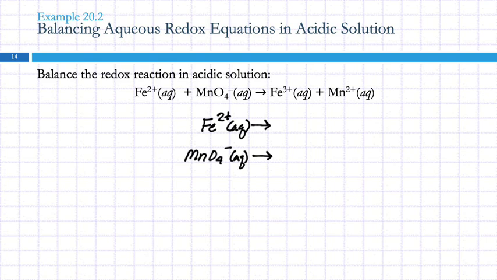Okay, then on the right, for the top one, we have the Fe3 plus. I always try to leave a little space here because I often need coefficients. And then down here, it's going to be the Mn2 plus.